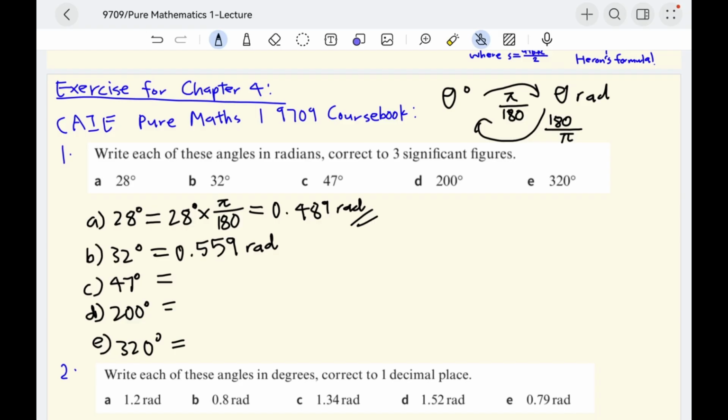Well, actually, in the external exam, when it comes to the answer of angles in radians, it is optional for you to write the rad or not. But it is best for you to write the rad, so it is clearly stated that your answer is in radians. Alright?